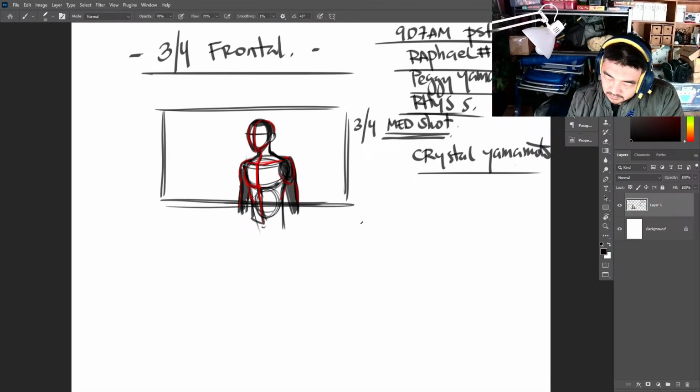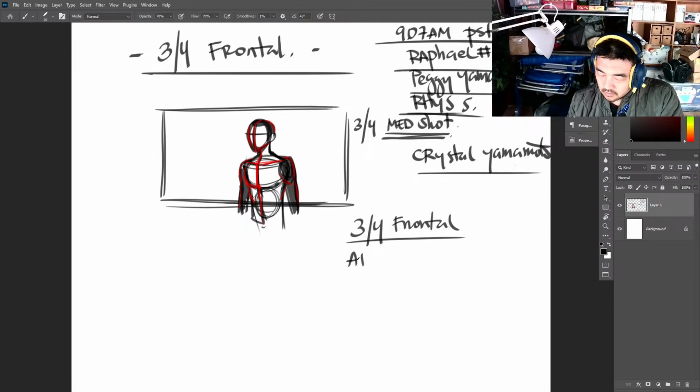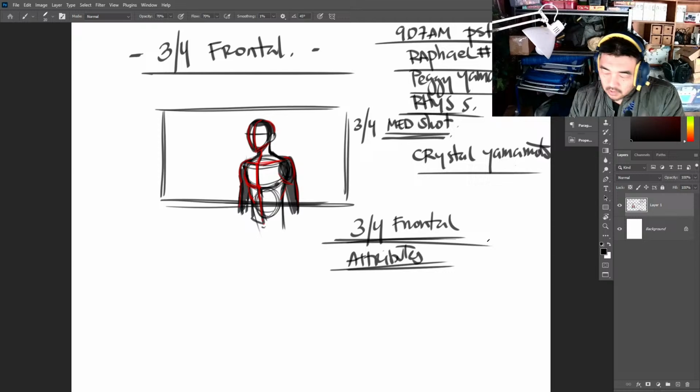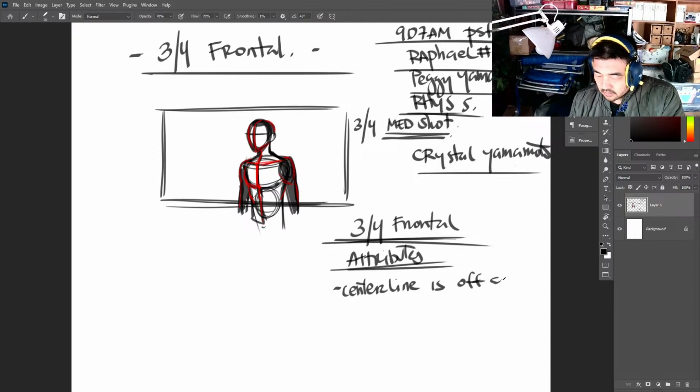So 3/4, let's analyze this. 3/4 frontal attributes. I'll ask from the audience, what attributes do you see? Well, I already said the first one, that's the center line. Center line is off center.